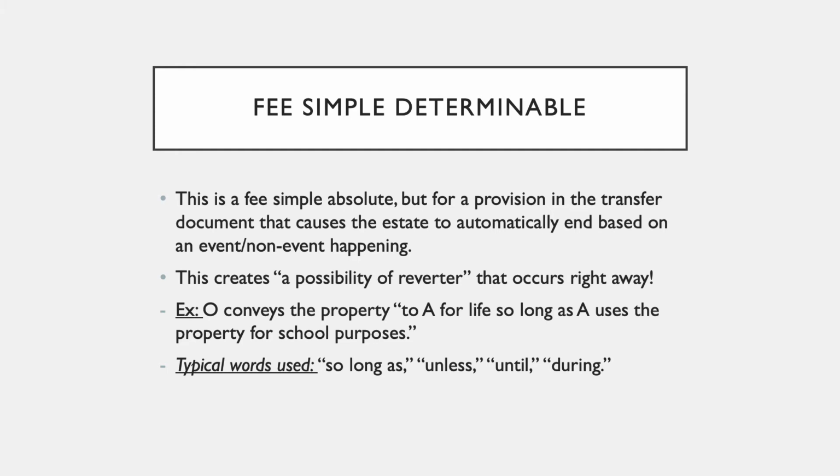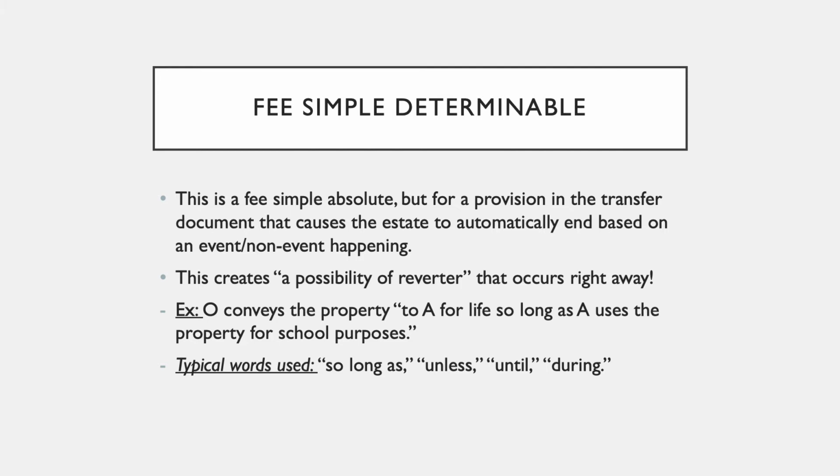So if A used the property, let's say, for bar purposes, then it will automatically revert back to the grantor because A violated the condition that was in the document. So O would have the property right back from A, basically a reverter, right? As we discussed from the beginning, it would be a reversion back to O.